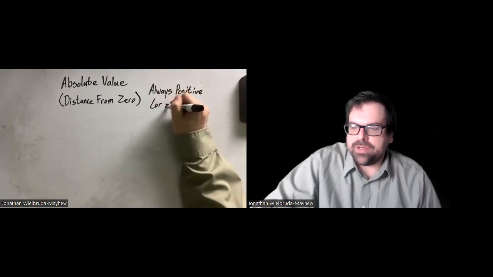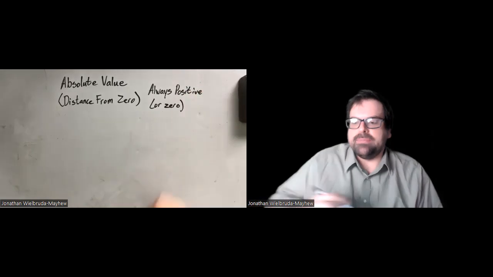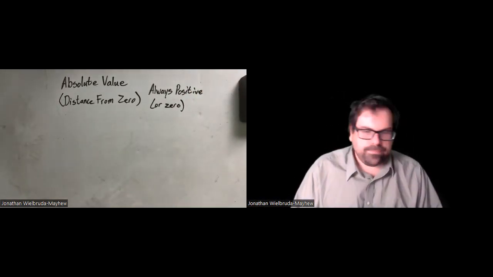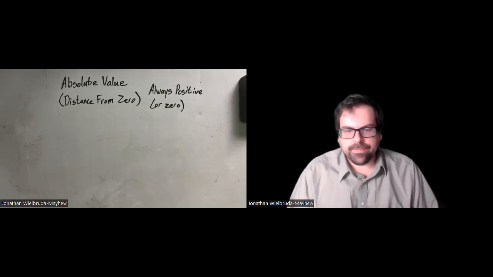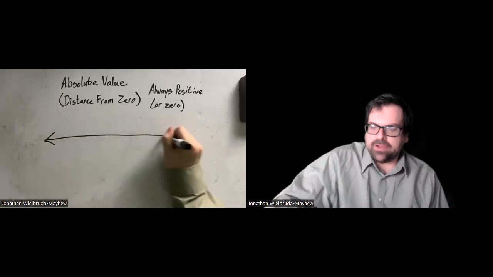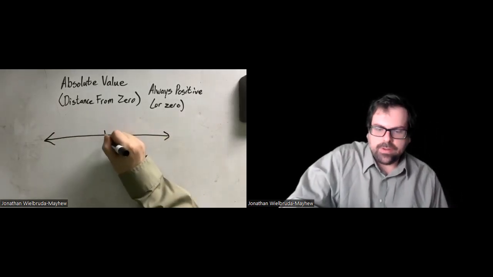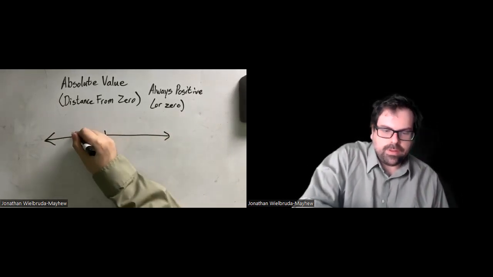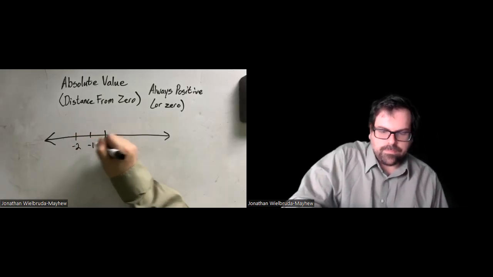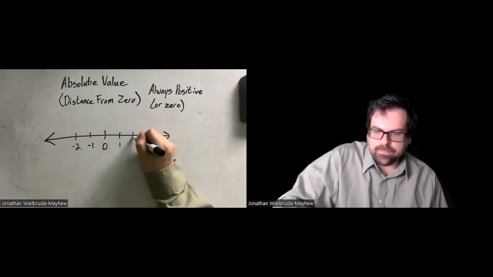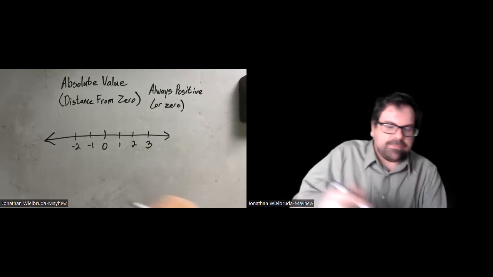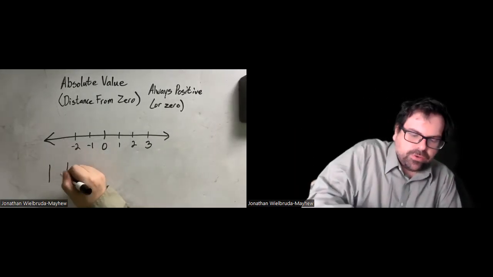The only exception is that sometimes it can be 0. If we want to visualize absolute value, the symbol we use is 2 vertical bars.